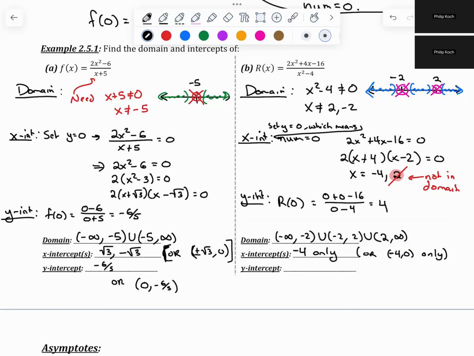I wrote it in the original part, but I didn't write it there. So negative 4, or (0, negative 4), depending on whether or not you need to write it as an ordered pair. Okay. Any questions on that?